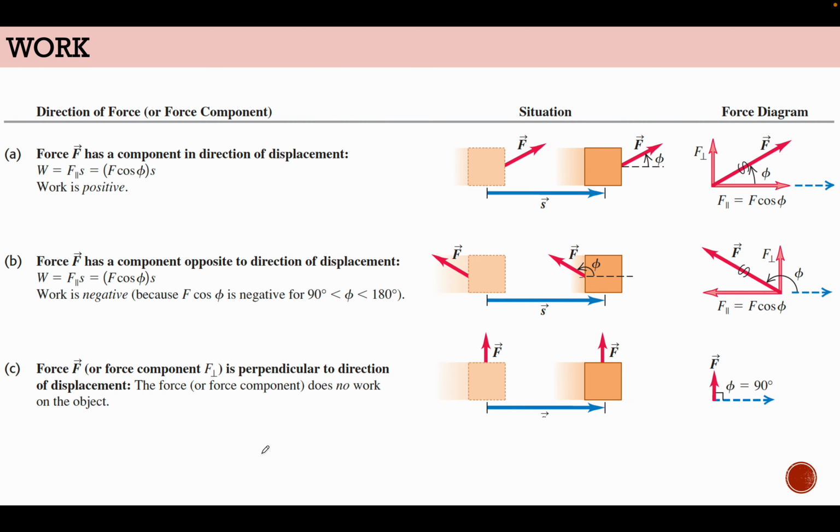Now, how can we know if our work is positive, negative, or zero? We have these three situations. For the first one, letter A, our work is positive. So when will our work be positive?